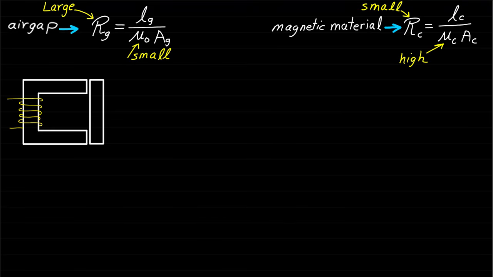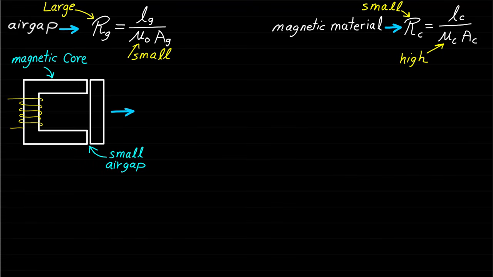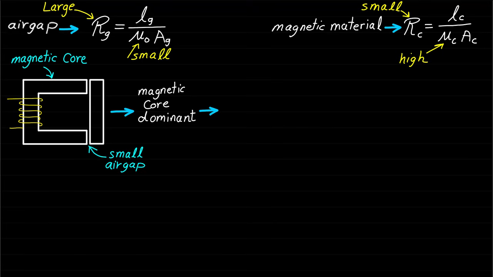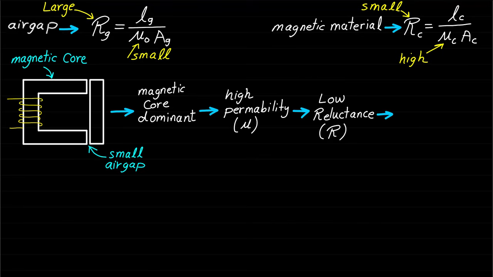Now, a magnetic circuit that has a very small air gap length compared to the magnetic core, the magnetic core is going to be dominant, and therefore the magnetic circuit will have high permeability and low reluctance. That means the magnetic circuit will be magnetized and saturated easily with a small excitation current or magnetizing current.